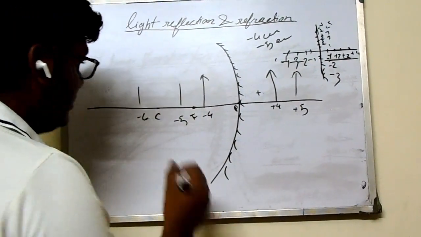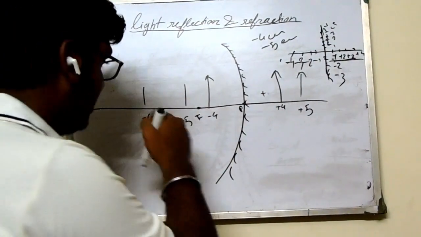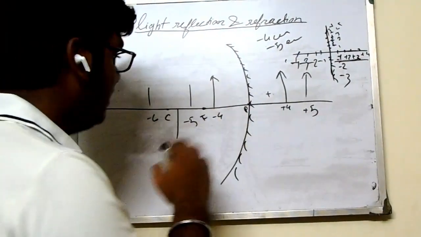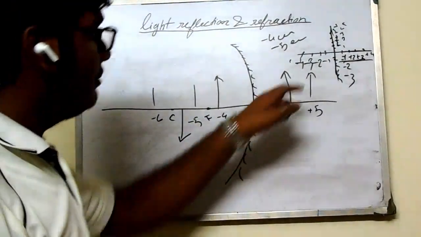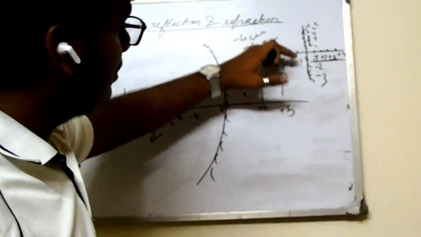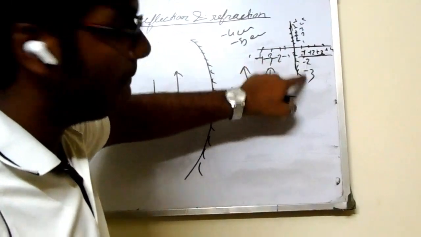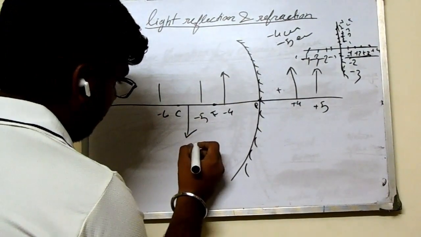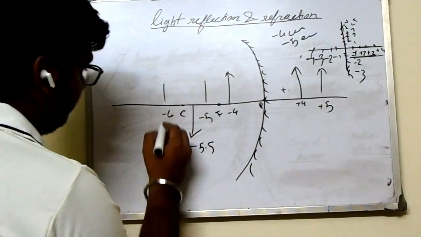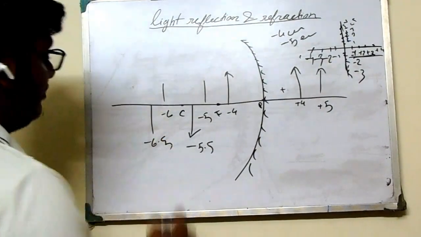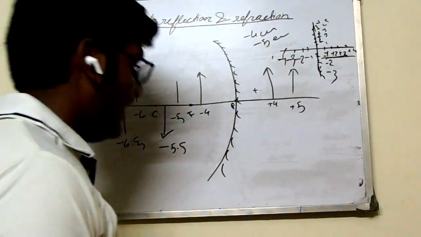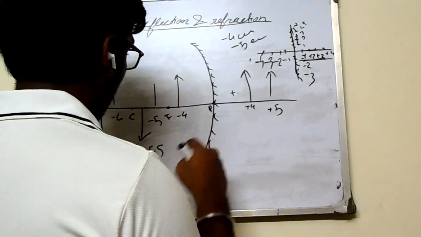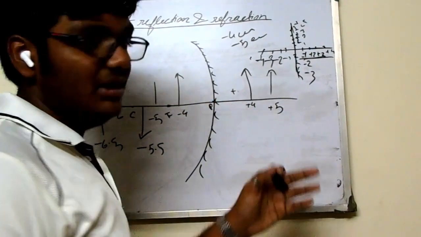Let the image be obviously on this side, but below the principal axis. Below the principal axis, what is it? Minus. So minus 5.5, minus 6.5, like this, and it is the same in each and every case.